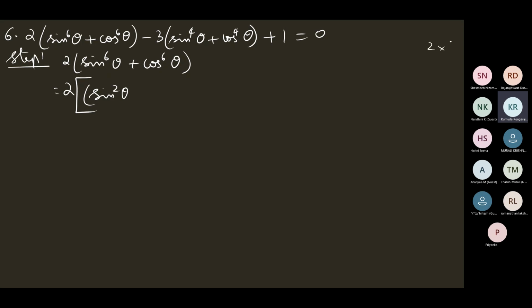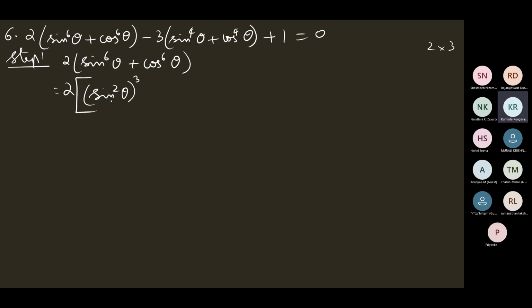See, 2 into 3 is 6. Now you can put a 2 inside or a 3 inside, but you don't want to write sine cubed theta. You want to write sine square theta, the whole cube. Don't reverse it. Don't write sine cubed theta, the whole square.